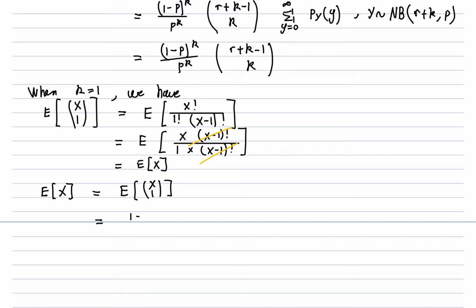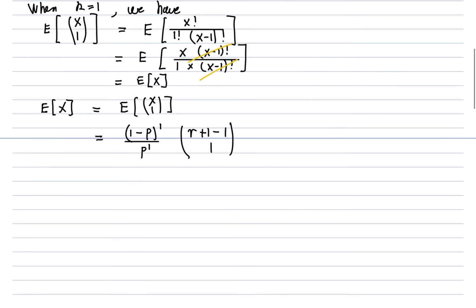That gives you (1 - p) to the 1 all over p to the 1, times r plus 1 minus 1, choose 1, which is equal to (1 - p) over p times r choose 1.